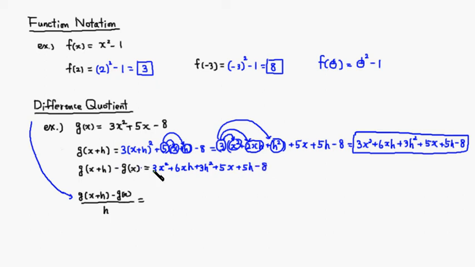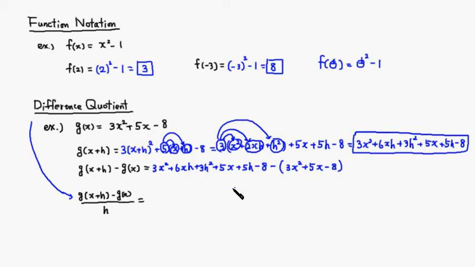Then we have to subtract g of x. g of x is the original formula, so you have 3x squared plus 5x minus 8.